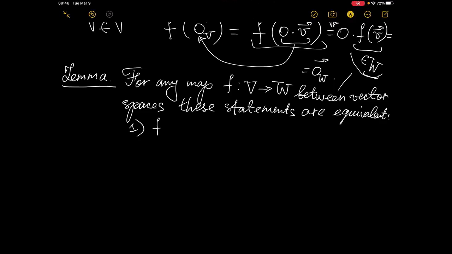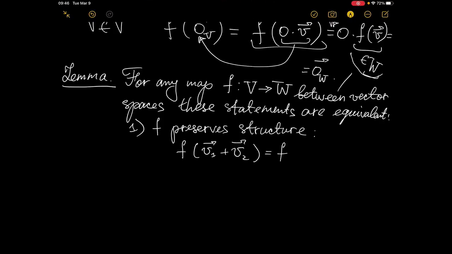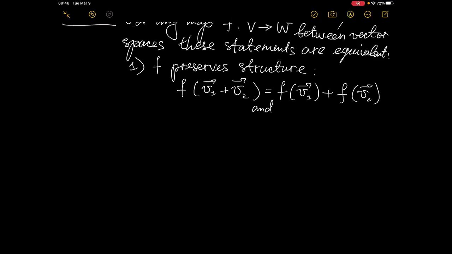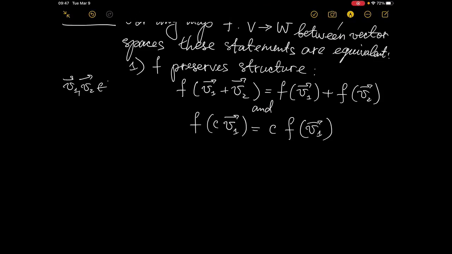Statement 1: F preserves structure. So here v1, v2 belong to the vector space V, and c is a scalar.